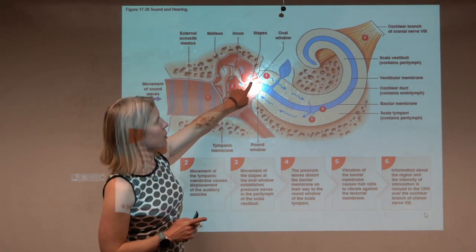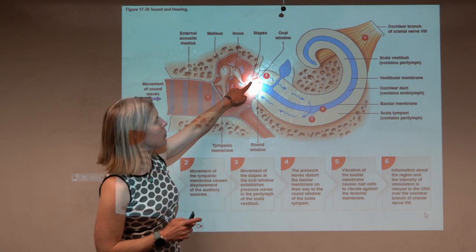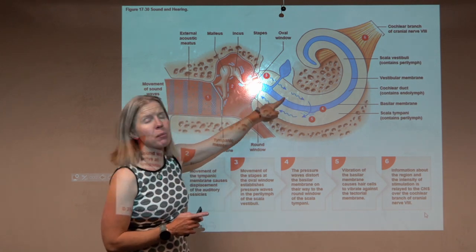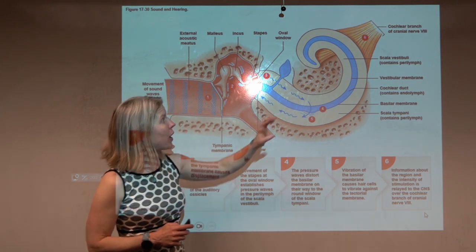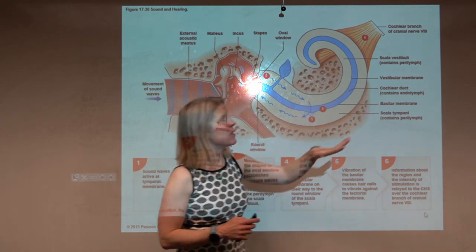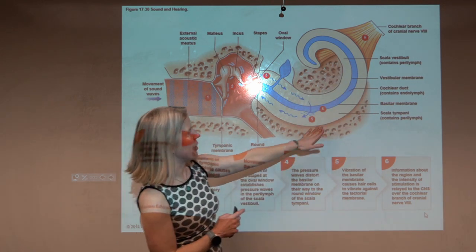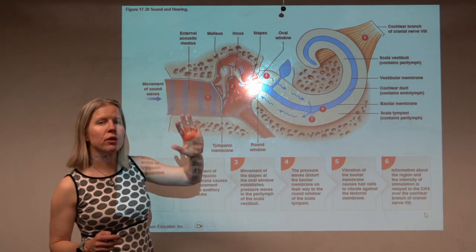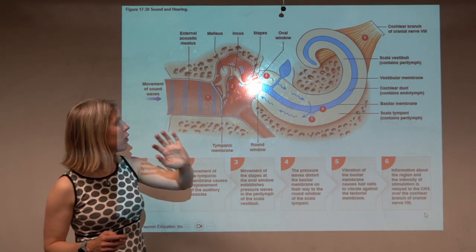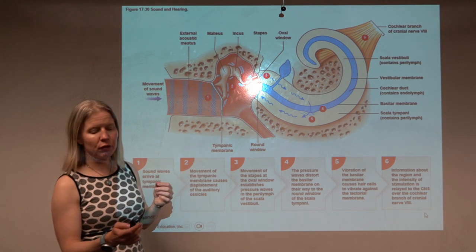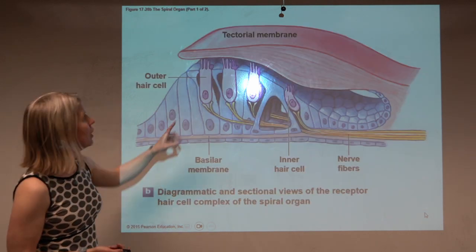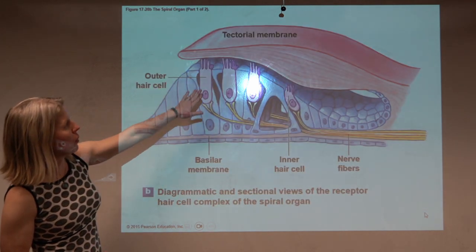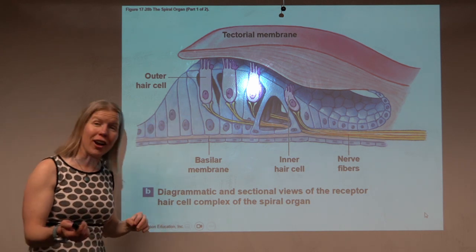This is a better picture maybe to see how that fluid might be moving. So you have multiple different chambers. I'm not worried about you getting into which one's the scala vestibuli and the scala tympani, but realize you're putting those vibrations into the fluid, right? And the fluid is going to be pushing on this tectorial membrane, which distorts our hair cells.